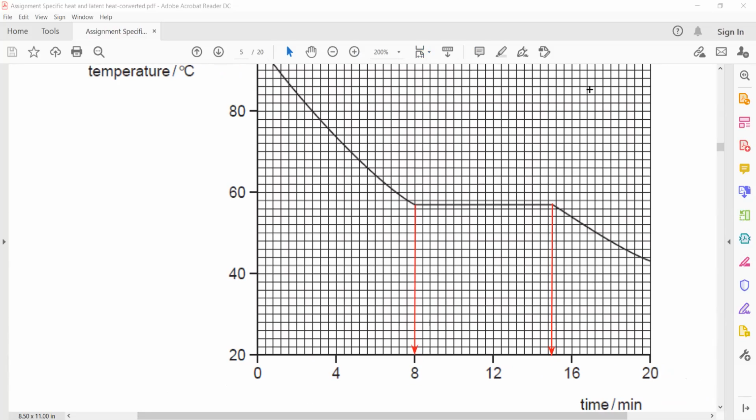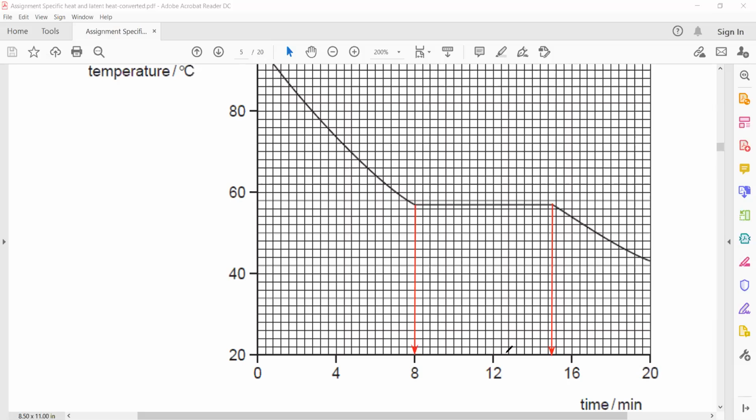this point. And what does each represent? 2 boxes. You can see here, from 0 to 4, it's 10 boxes, so each box equals 0.4.